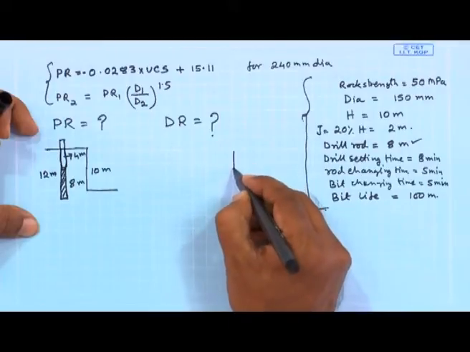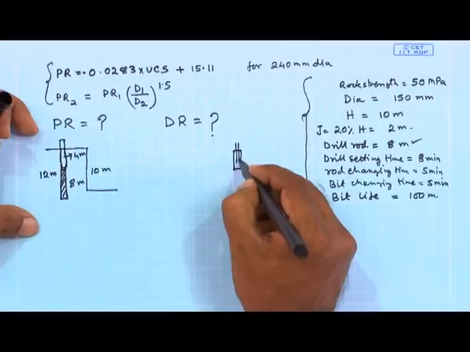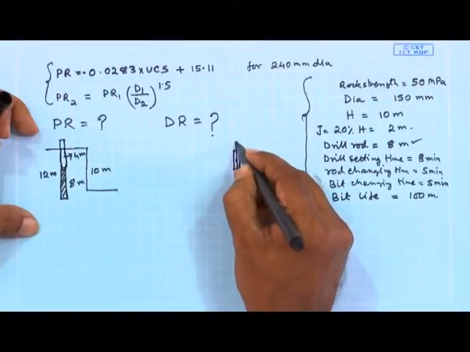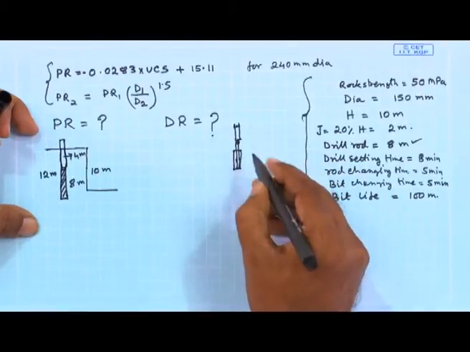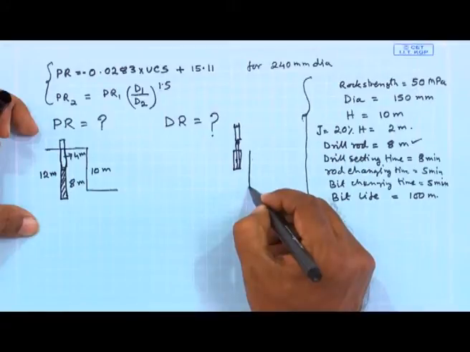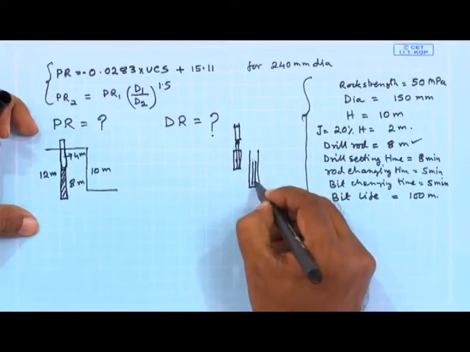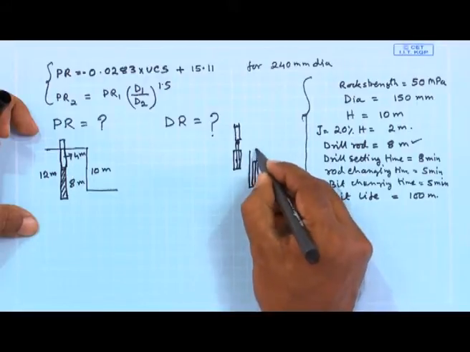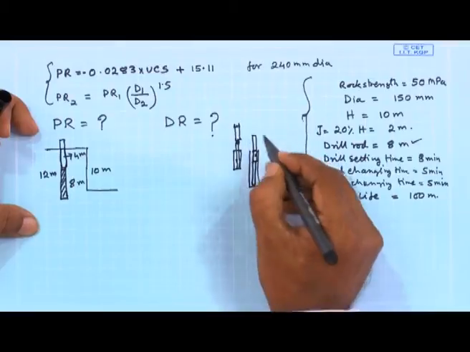So, first the 8 meter will be drilled, then another rod will be inserted here, and then this will be extended to 12 meters. So, this will be the 8 meter rod, this is the next 8 meter rod, up to 4 meter of this is inserted.